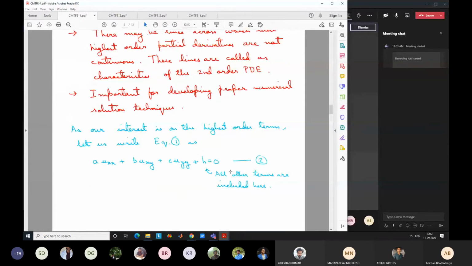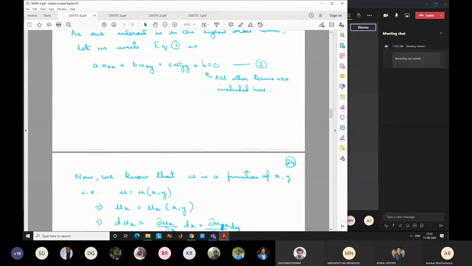What will be important for describing the physical behavior of an equation are these highest order terms, A u_xx, B u_xy, and C u_yy. Let us call this equation 2. This is our general equation.